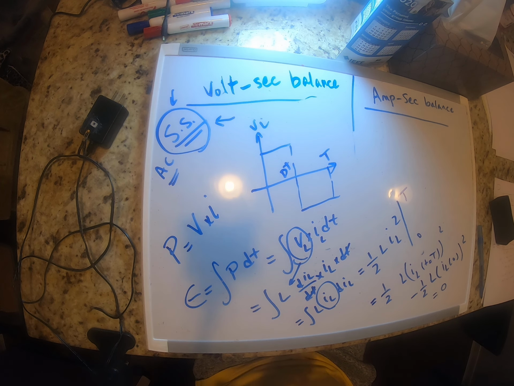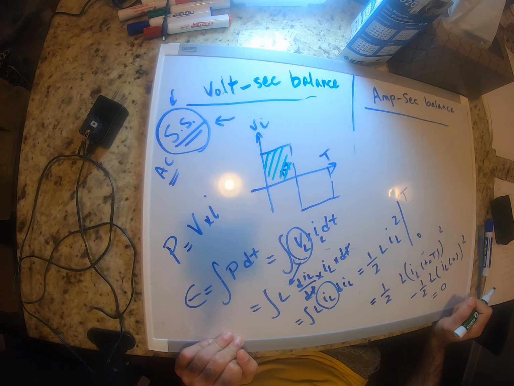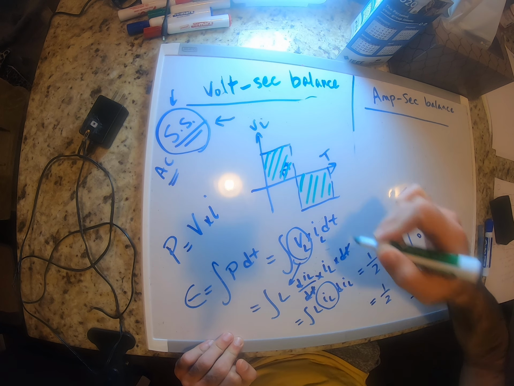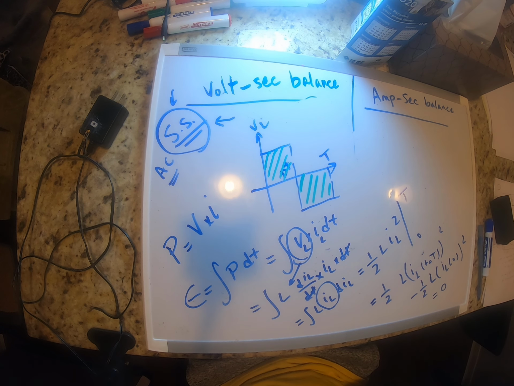So the physical meaning of this is that in this case, the energy that gets stored in the inductor gets released here. So if we are in the steady state mode, the average energy inside an inductor has to be constant. It shouldn't change, right?